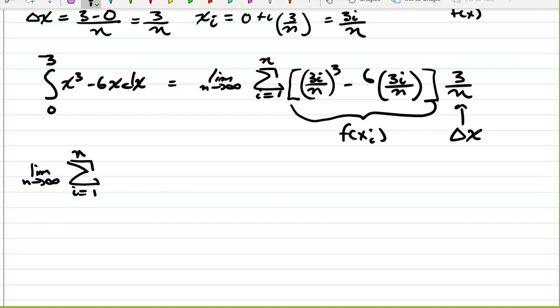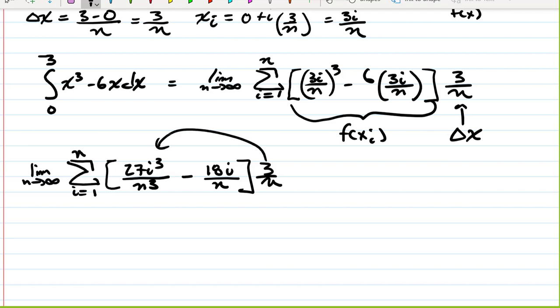And then 3i cubed, 3 times 3 times 3 is 27. i cubed over n cubed, minus 6 times 3 is 18i, all over n, times 3 over n. And now we're going to distribute that into our parentheses.